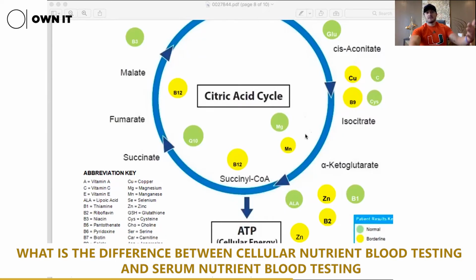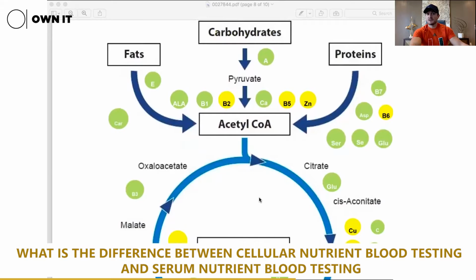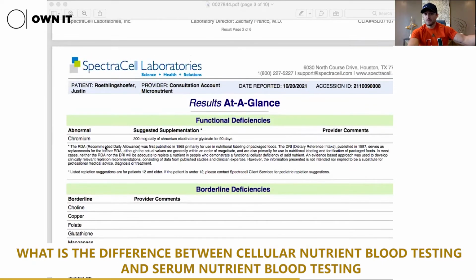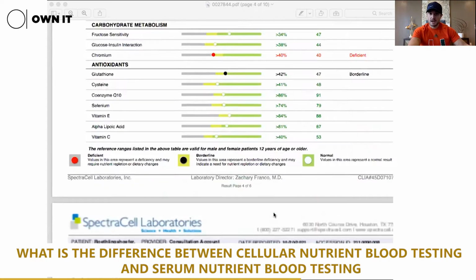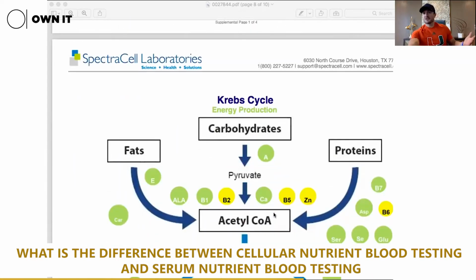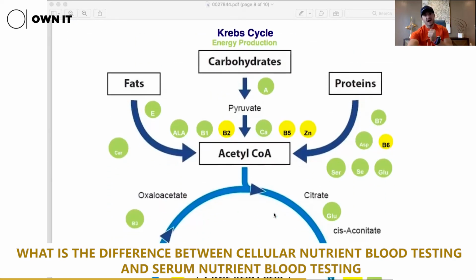So if we are functionally deficient, which we don't see any red dots here for me, because for me at the very top, if we go back up to it, where does my deficiency lie? Specifically within chromium. So again, when we come down here, this is quite frankly why I feel great. I have a lot of energy, but I can still optimize. I can still find that next level. And so I've changed up my diet.